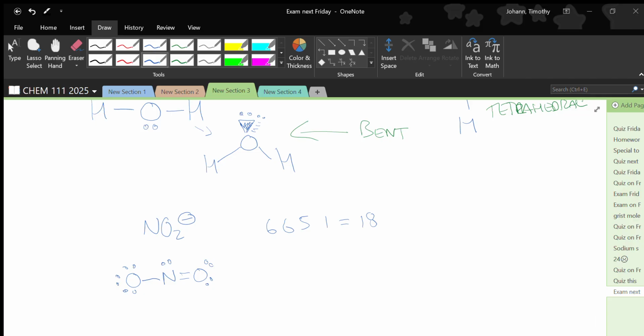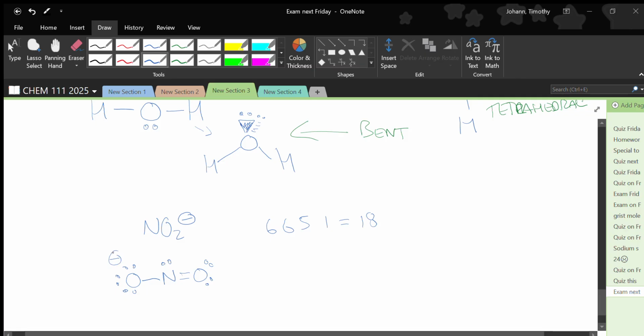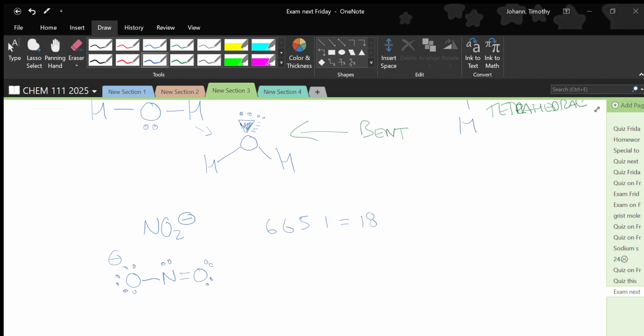Yeah, I did it. Okay? This one's interesting, right? So we'd have formal charge over here, it'd be negative. How many electron groups do I have around that center atom? 3. So 3 gives me trigonal planar, right?